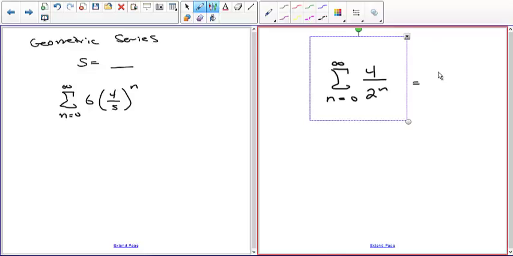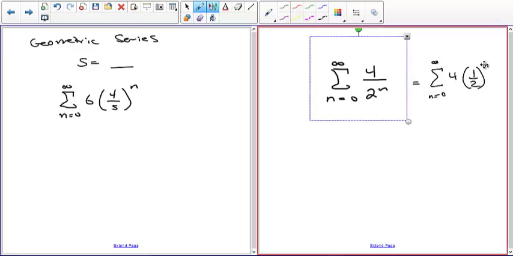So let me write this as... Okay, now what is it? Yeah, yeah. So Craig says it's a geometric series, which is correct.